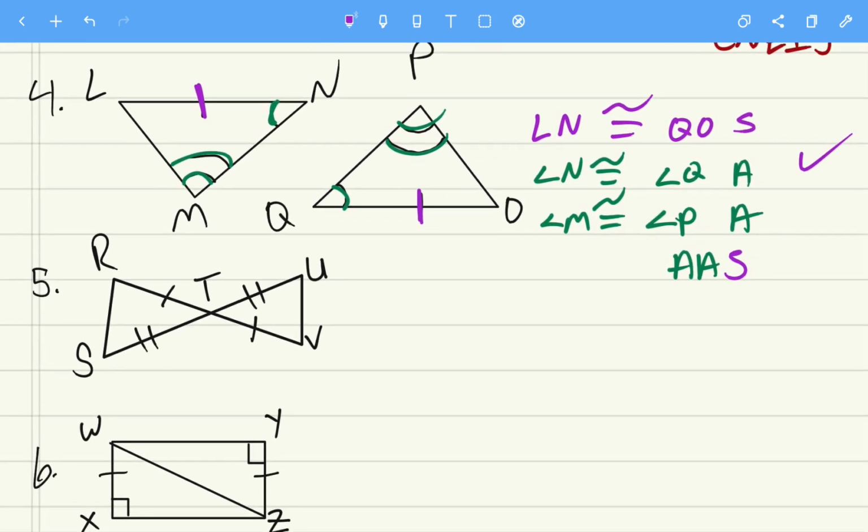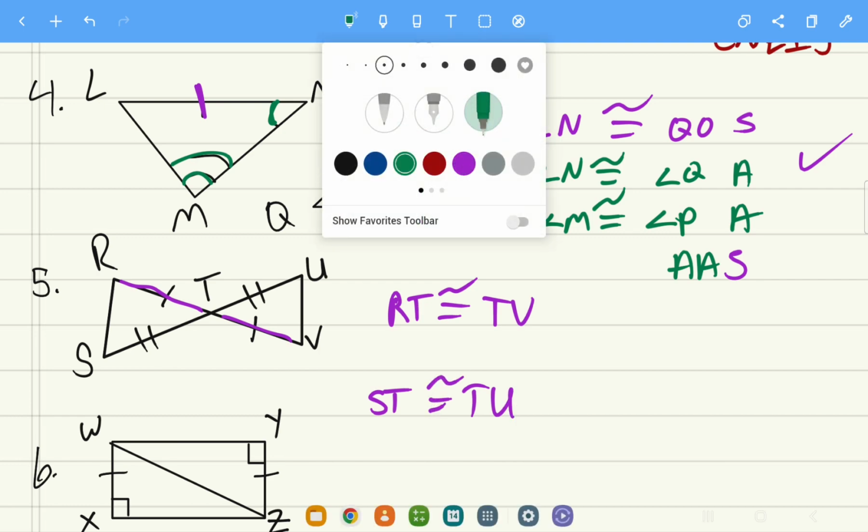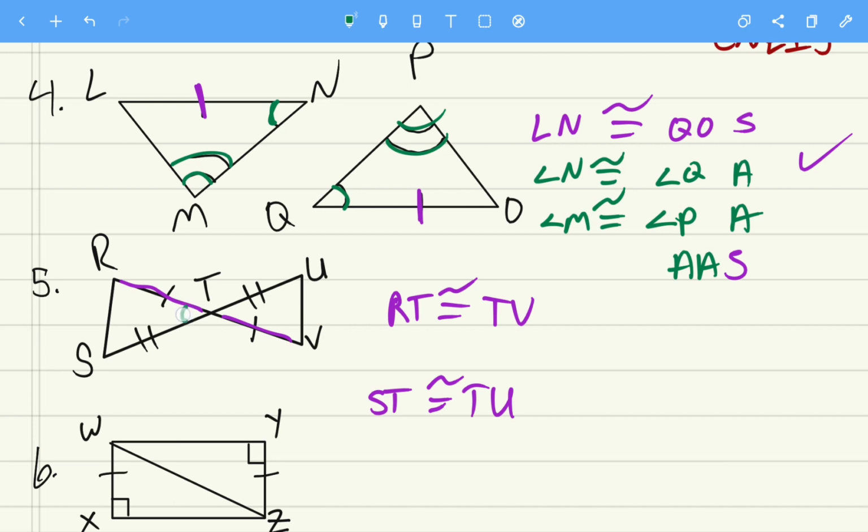Number 5, notice the triangles are connected again. So let's see, we have RT and TV. Those two are congruent. We are given ST and TU. And now these angles in between, these are what we call vertical angles, if you remember these from Unit 2.